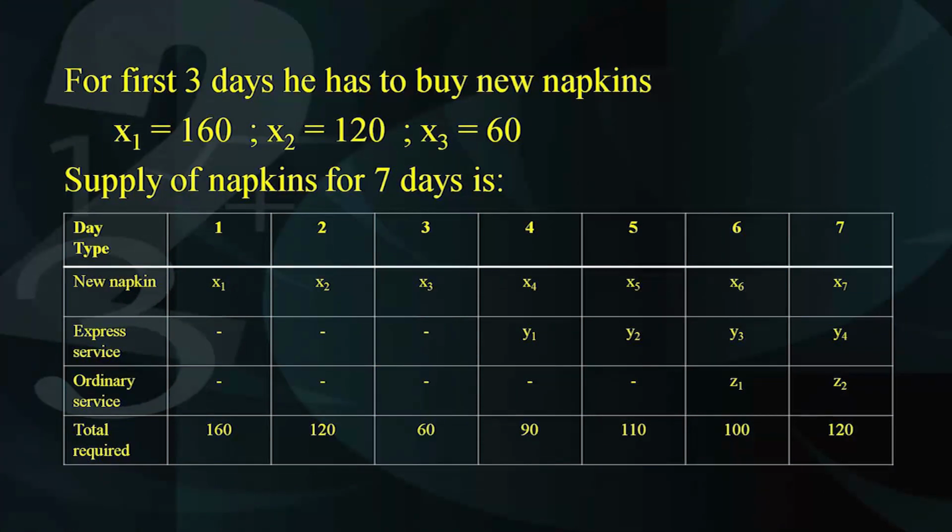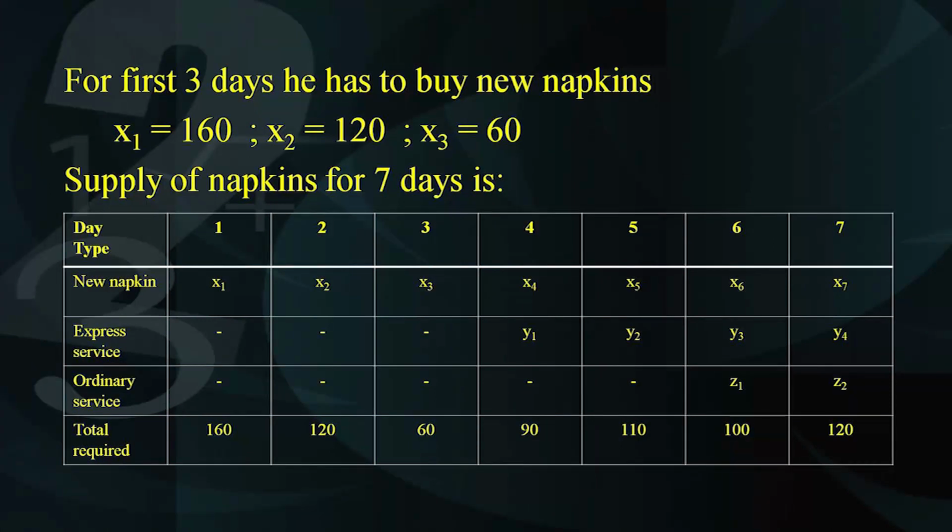So, for the first 3 days he has to buy new napkins because no napkins are available. Therefore, x1 should be equal to 160, x2 should be equal to 120 and x3 should be equal to 60. These are the number of napkins he has to buy.